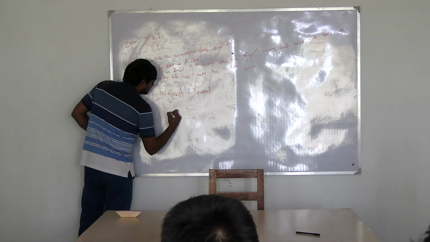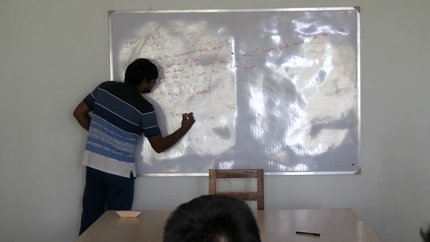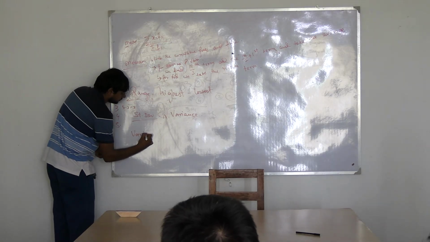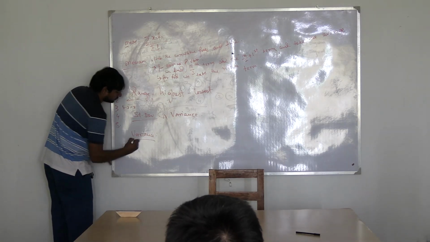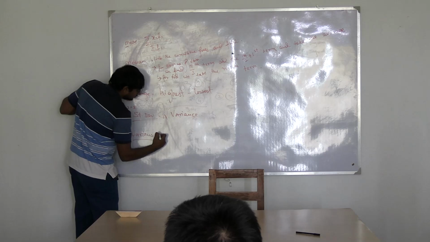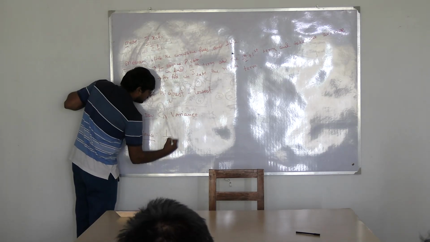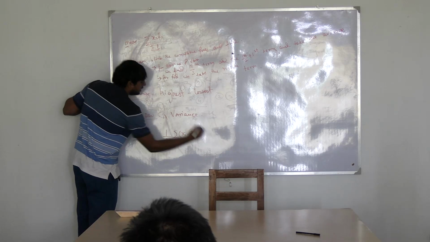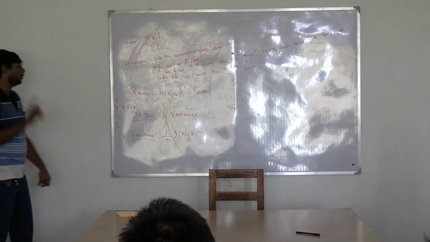Root over variance. What is variance? One by n summation of (xi minus x bar) whole square, and this is the only formula available. There are no other formulas.